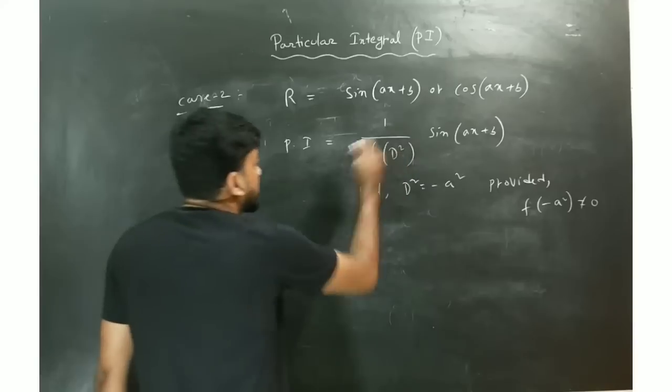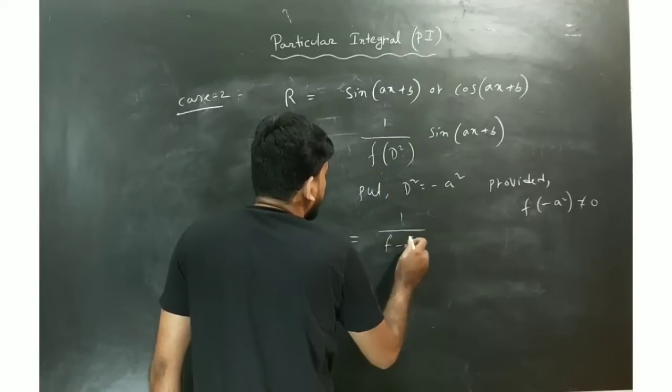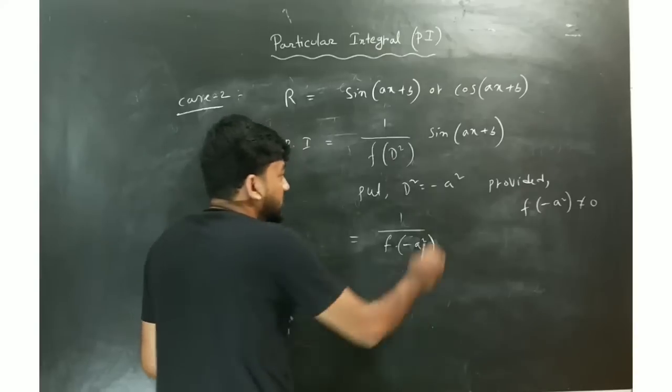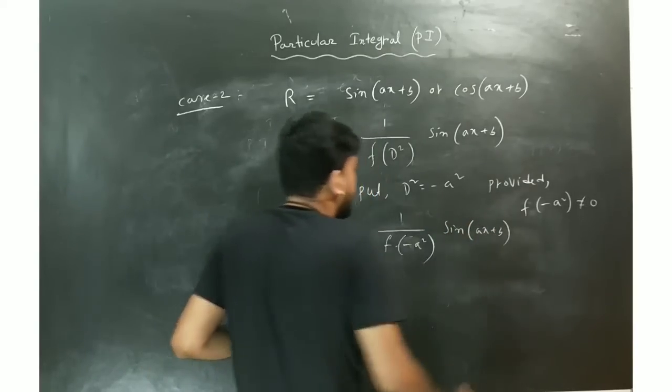That means it will be 1 upon f of minus a square into sin(ax + b), this kind of situation.